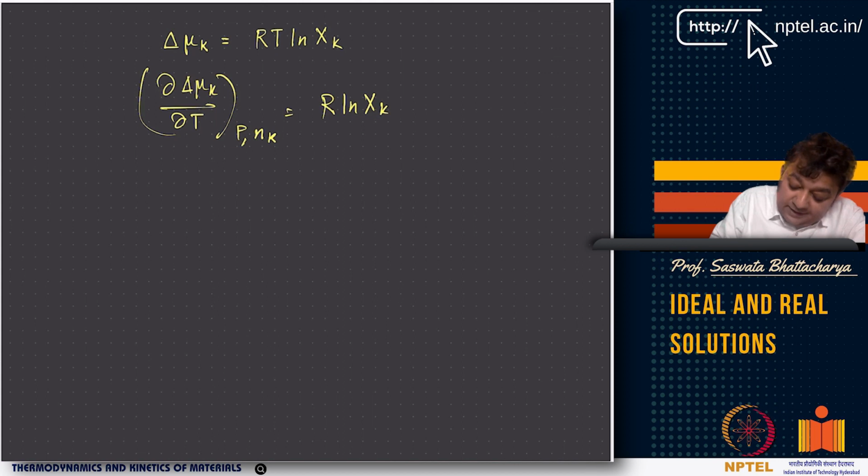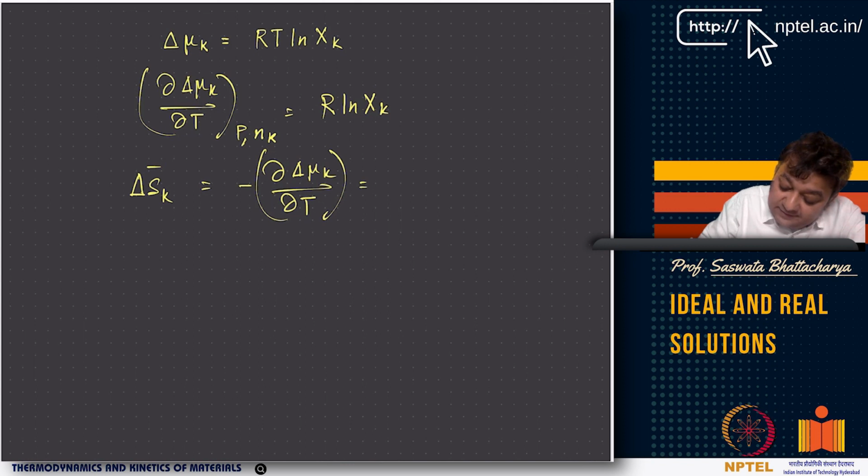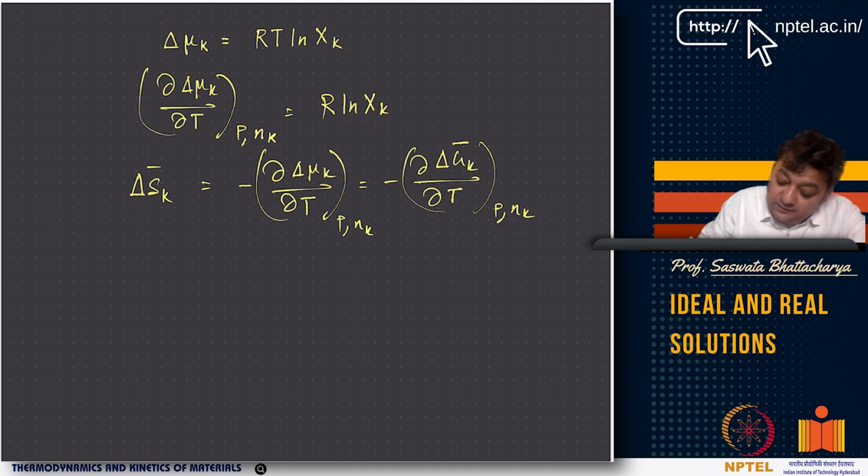Then delta sk bar equals minus of del delta mu k del T at constant pressure and Nk, from the definition, which equals minus R ln xk.